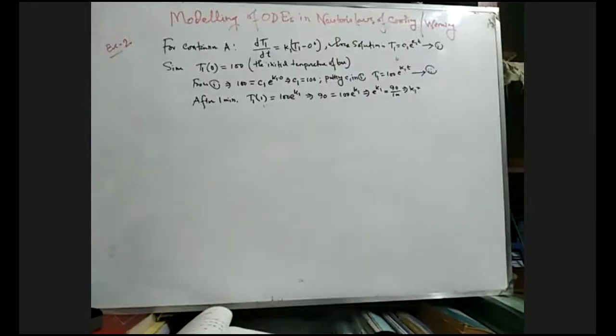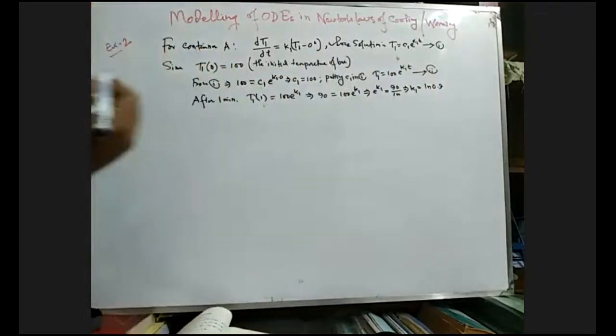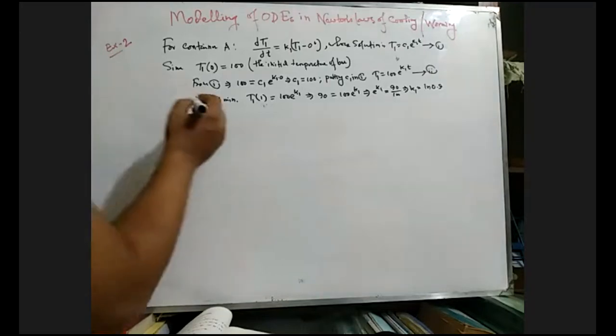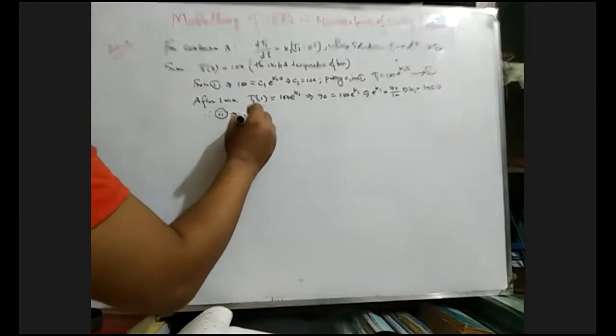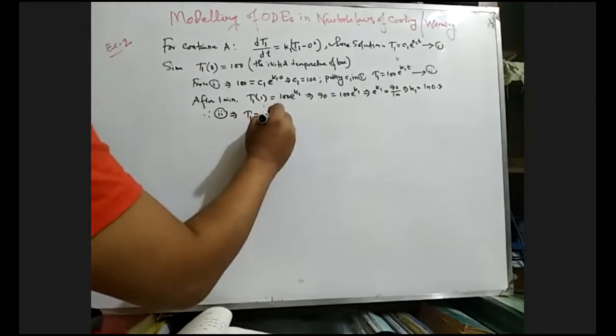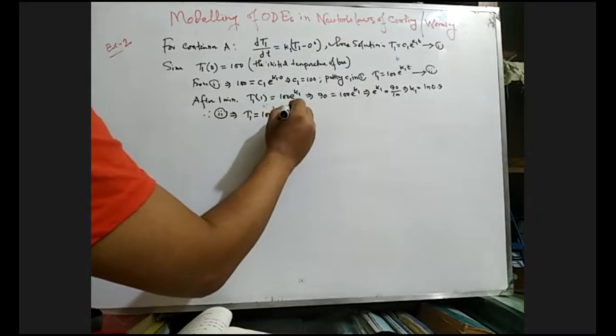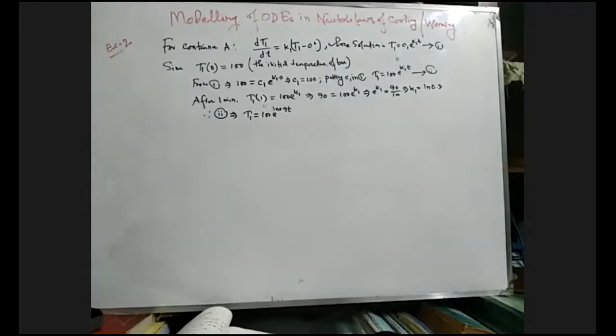Taking ln on both sides, we get k1 equals ln 0.9. Therefore, equation 2 transforms to T1 equals 100 e to the power ln 0.9 t.